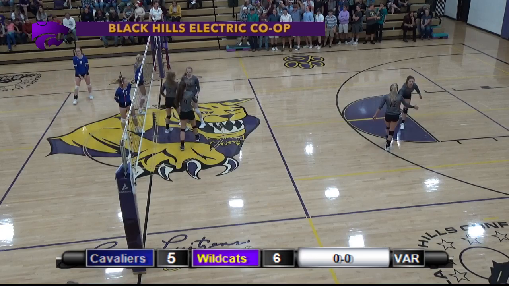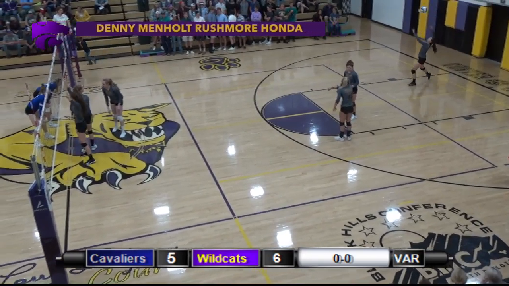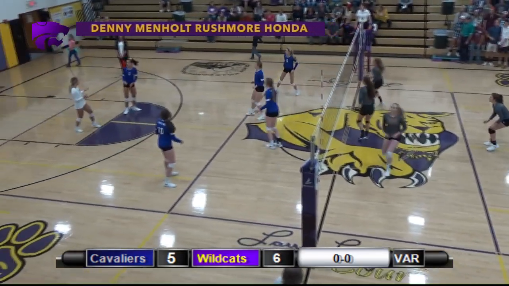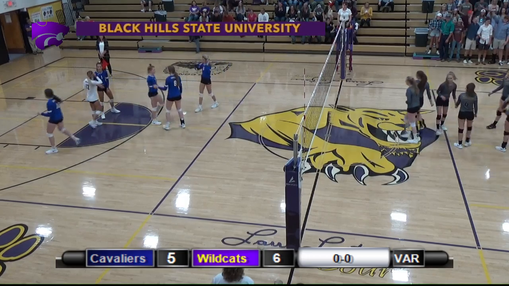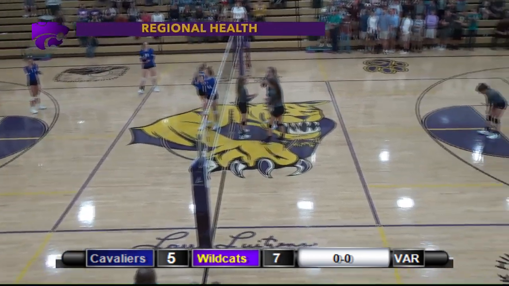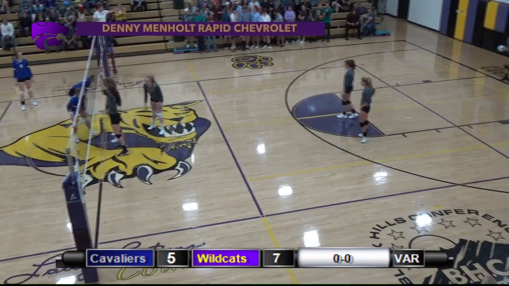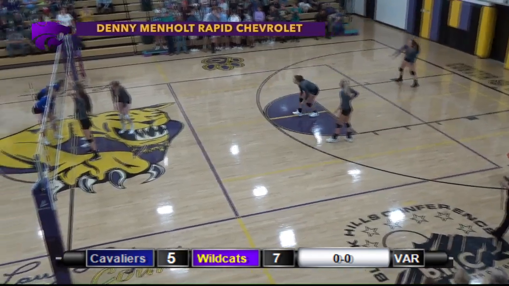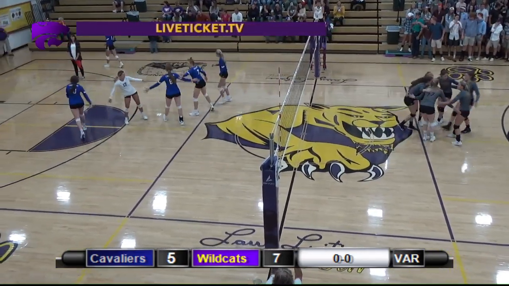Score is 6-5 in favor of the Wildcats, game 1. And that one falls in there. They weren't trying to decide who was supposed to take that one. And out of bounds on the serve.